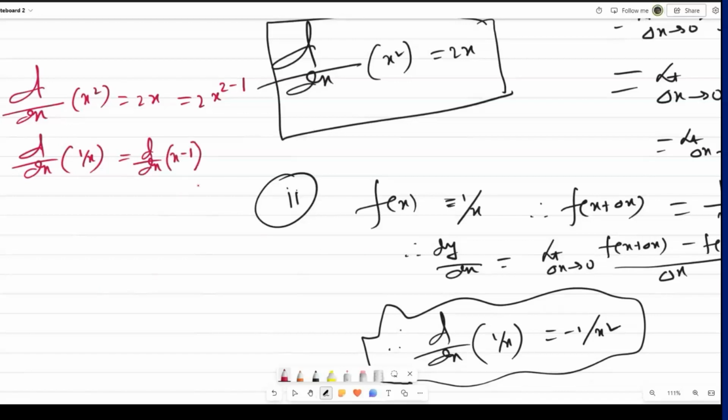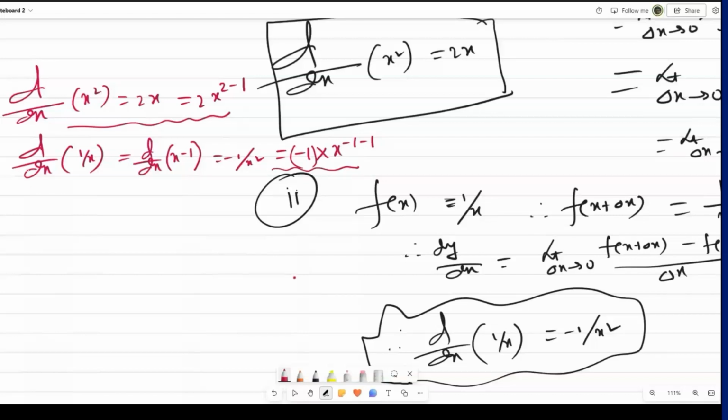What result have I got? Minus 1 by x square, you are writing minus 1 x to the power minus 1 minus 1. You see something? For x square, it was 2x to the power 2 minus 1. For 1 by x, it is x to the power minus 1, so minus 1 outside, x to the power minus 1 minus 1.